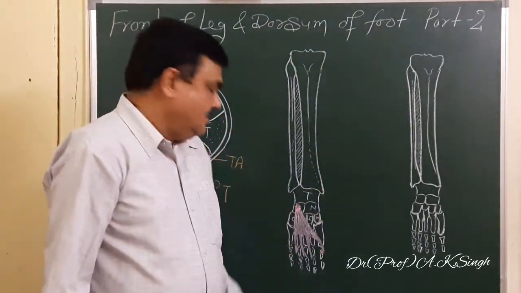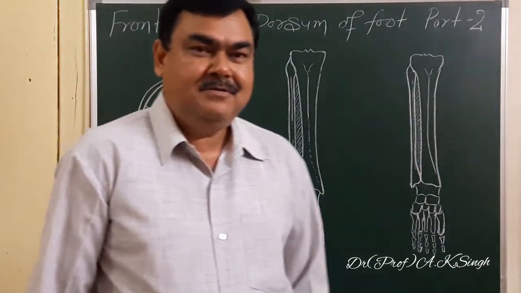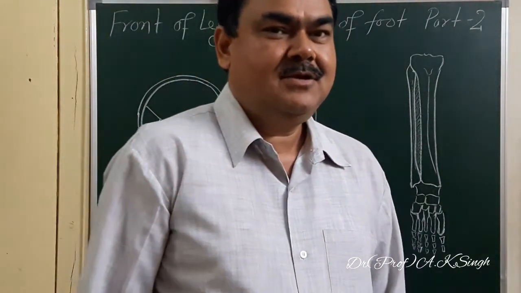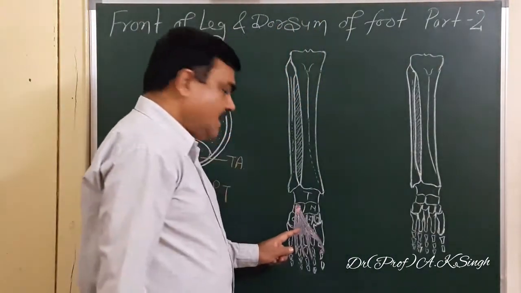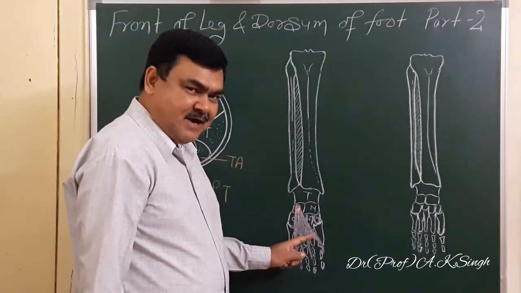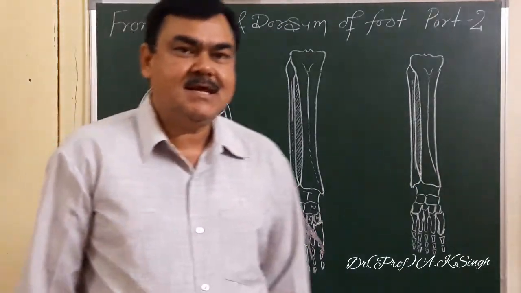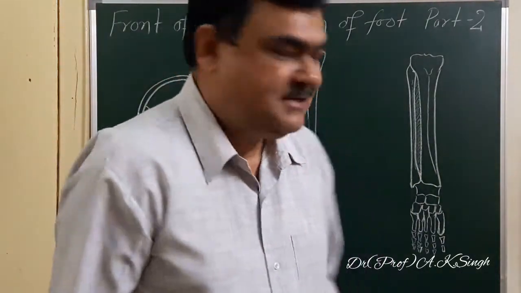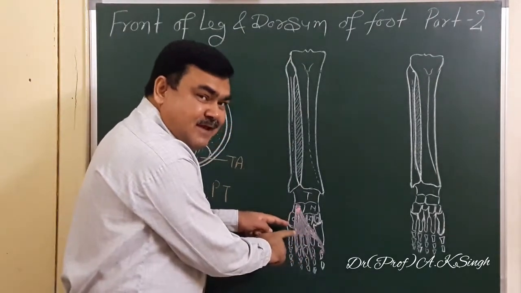Sometimes it is known as extensor hallucis brevis. It is distinct, it is separated. So sometimes it is known as extensor hallucis brevis, though it is a part of extensor digitorum brevis.